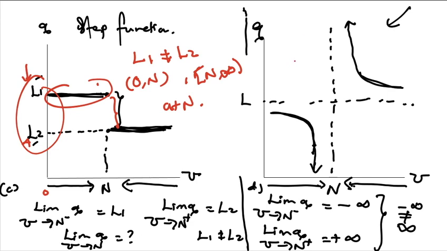Let's look at the last graph here. At v equals n at this point, can we say that n is in the domain? You look at the first curve here on the left side. n is here, but the curve is somewhere here, to the left of n. And you look at the curve on the right side of n, n is here, but the curve is here.